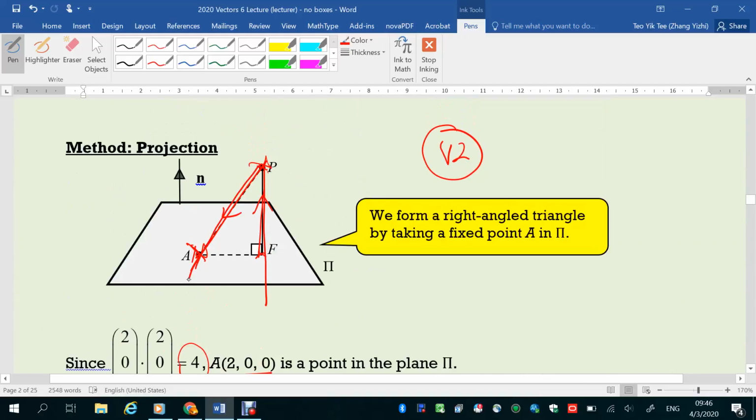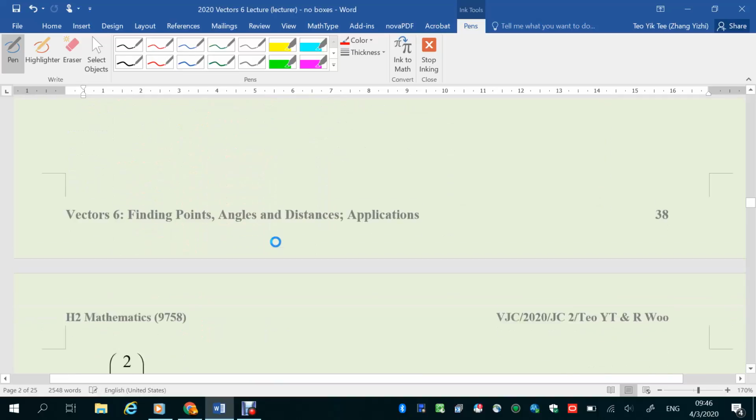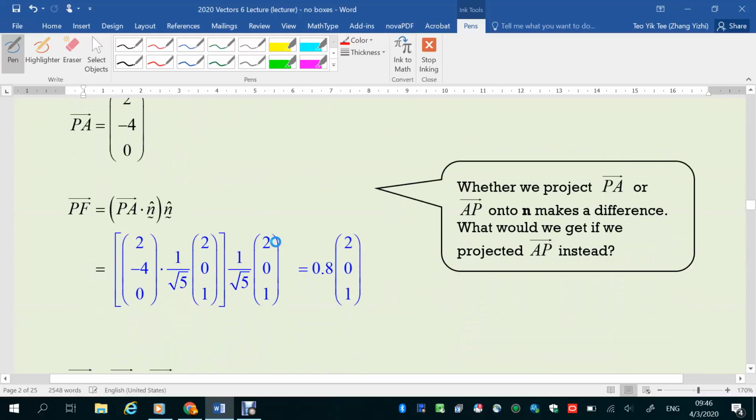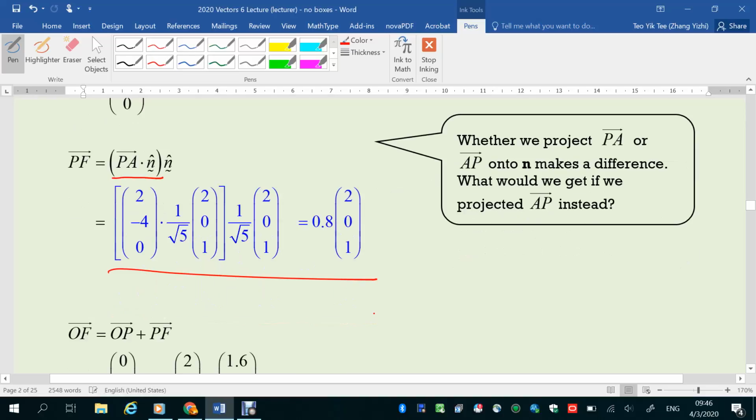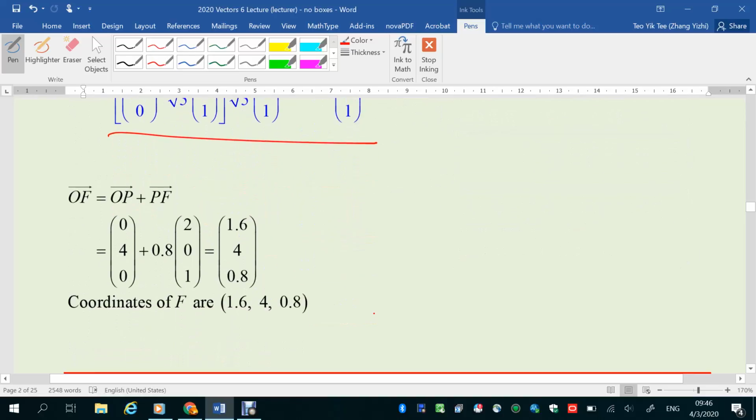Focus on this triangle. PF is actually the projection of PA onto the normal vector of the plane. So PF actually is PA dot n hat multiplied by n hat. Fit everything in, you have your PF. And with that, I can find what is OF.